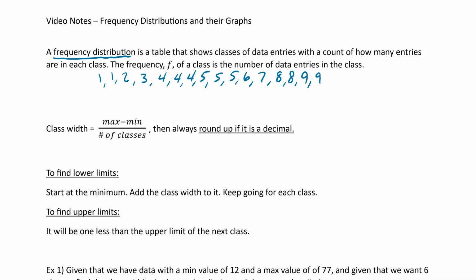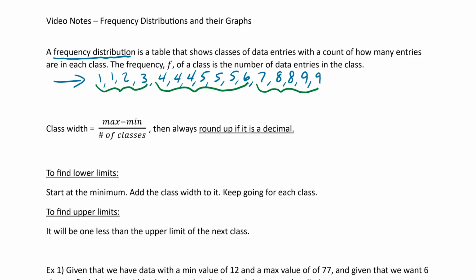As in, if we have this list of numbers right here, what we could do is say, maybe group together the numbers 1 through 3, the numbers 4 through 6, the numbers 7 through 9. Those would be our classes. 1 through 3, 4 to 6, 7 to 9.